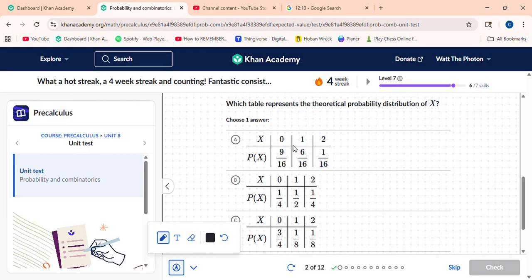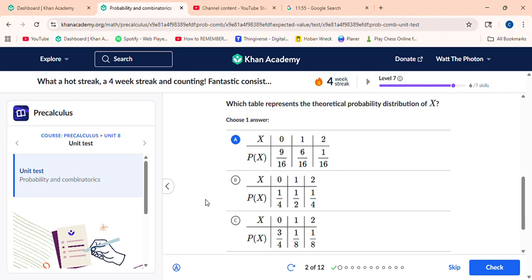Well, I get 0 right. That's 3/4 times 3/4, so that's 9/16. The chance to get 1 right is 6/16. The chance that you get 2 right is 1/16.